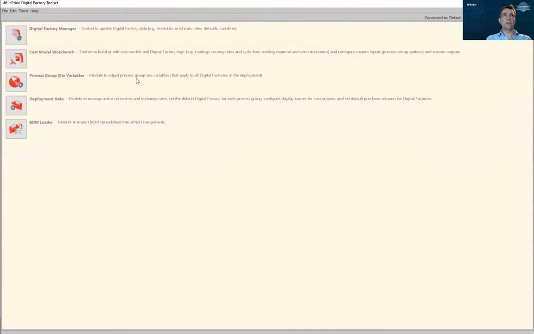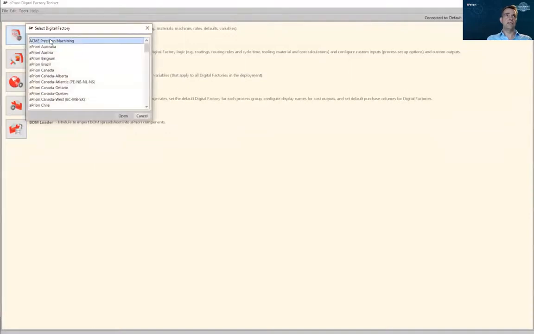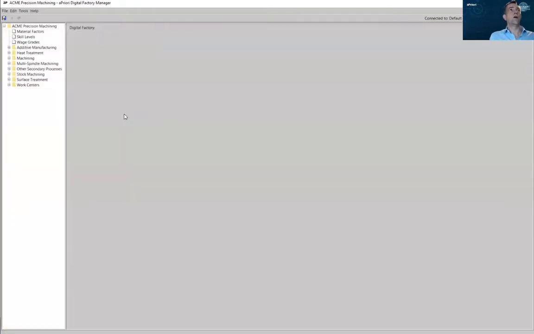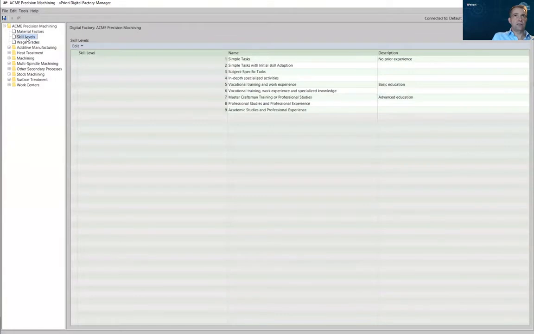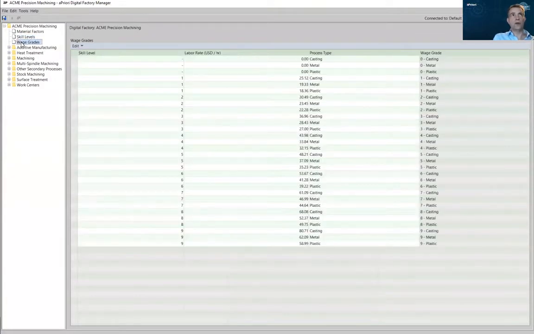So what we can do with aPriori is define digital factories inside here that replicate much more precisely our manufacturing suppliers. And inside these, we have the different skills that they have, their wage grades. And we can collaborate with these suppliers to get this detail inside here, because if we can understand what their costs are going to be, we can give them more business, which is good for them and good for us, obviously.